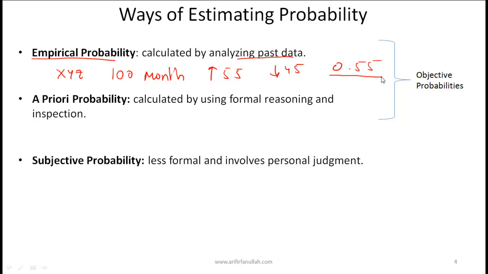So when you come up with a probability based on historical data, we would say that this is an empirical probability.